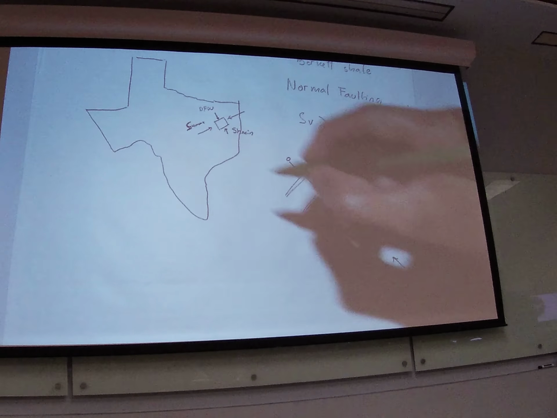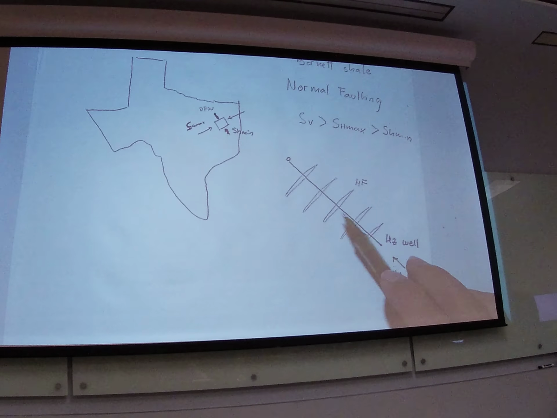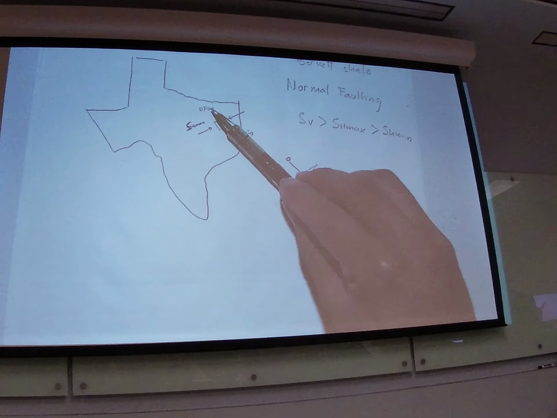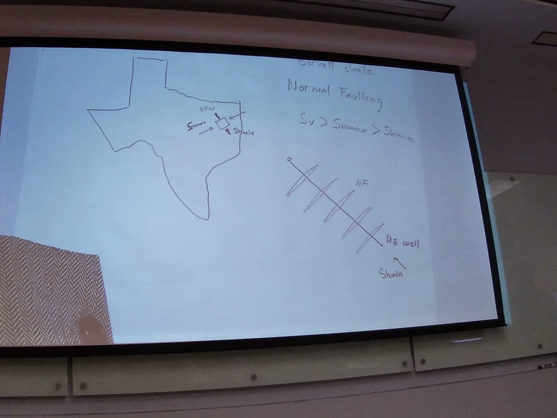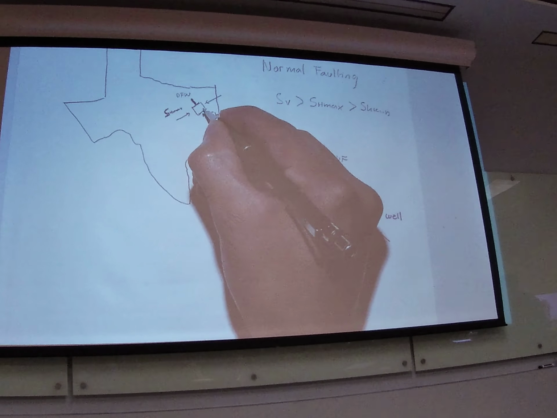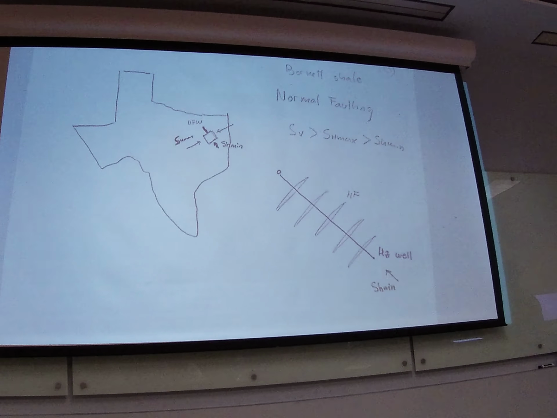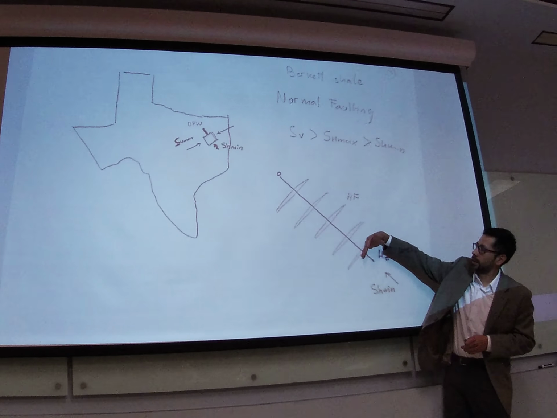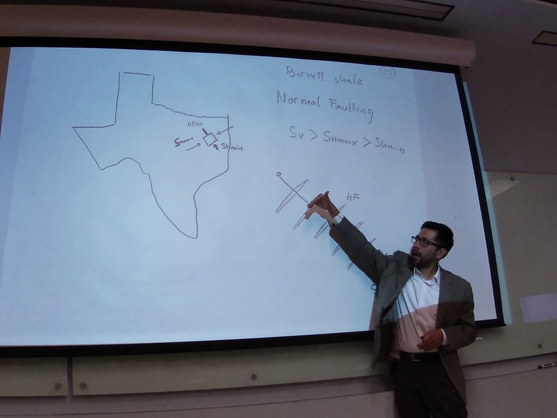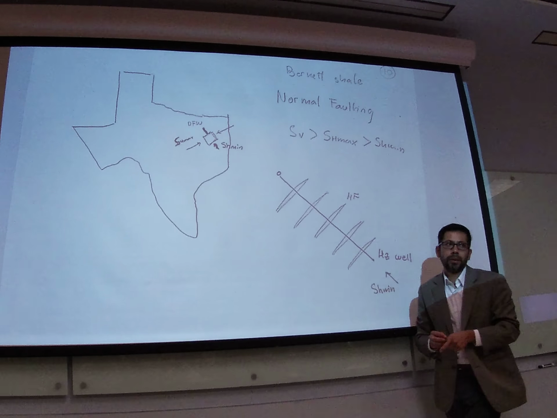So I really meant here to have these stresses in the same direction as that stress over there, okay? And if that's the case, then your fractures are going to be all planes like this, and this is going to be the opening direction.